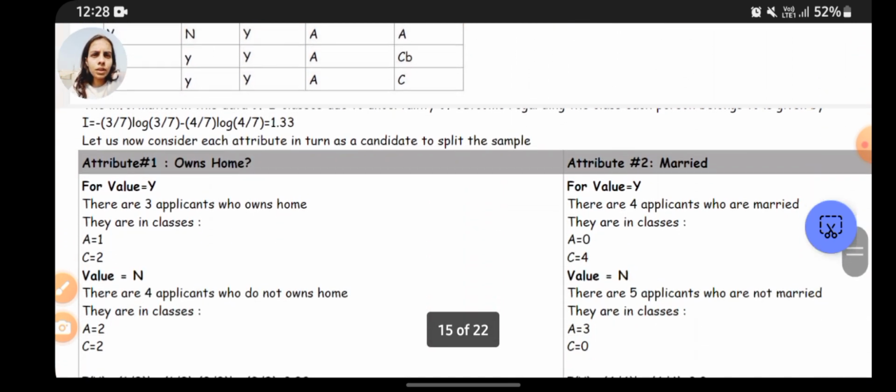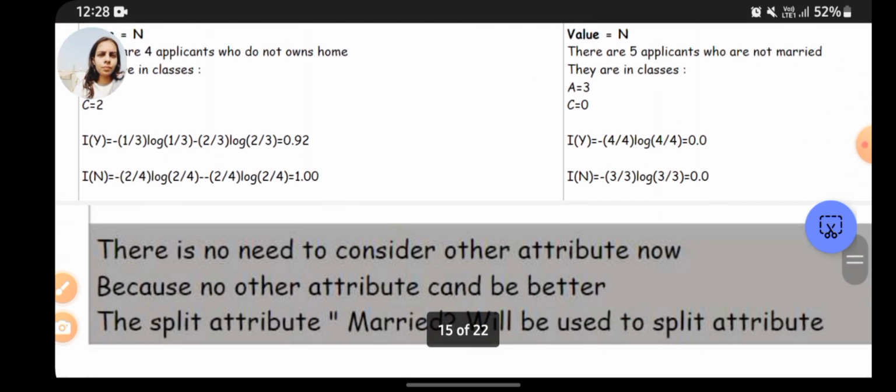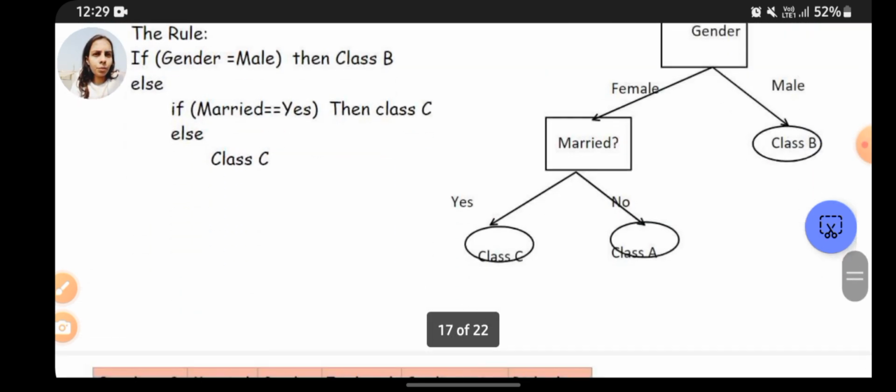Let us now consider each attribute in turn as a candidate to split the sample. There is a need to consider other attributes now, because no other attribute can be better. The attribute with the best split merit will be used as the split attribute.